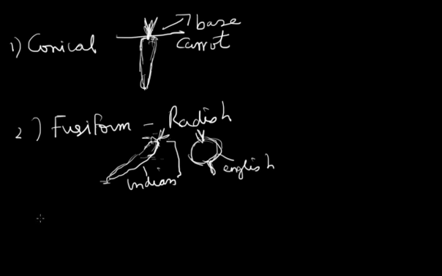So the third case we are going into is what is called the tuberous. Now the tuberous is quite interesting in the sense that the fleshy root modification is without a particular shape.